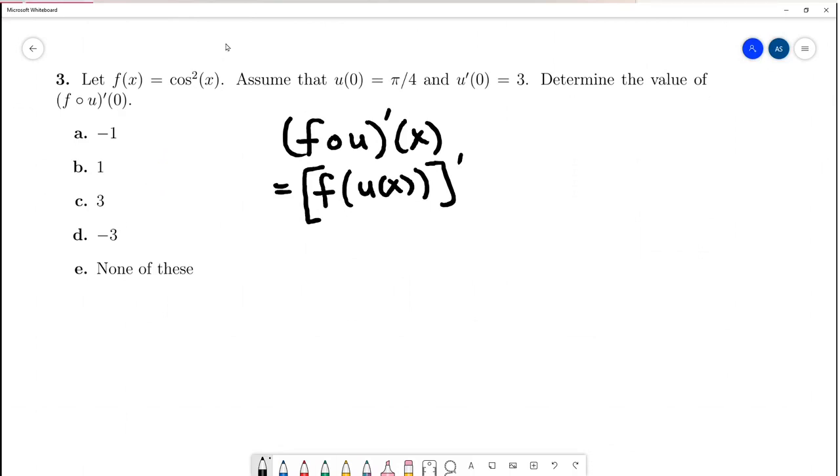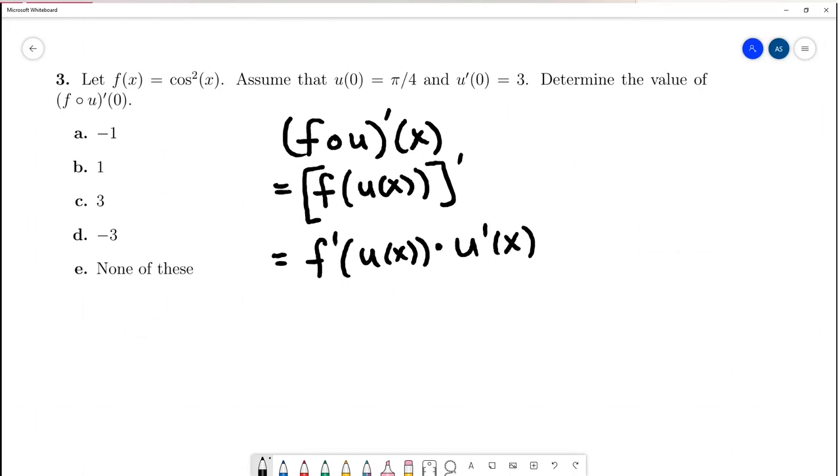So I've got an outside function of f, an inside function of u. I'm going to follow that chain rule where I calculate the derivative on the outside function, leave the inside function alone, and chain by multiplying by the derivative of the inside.